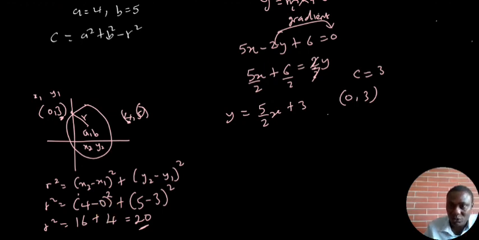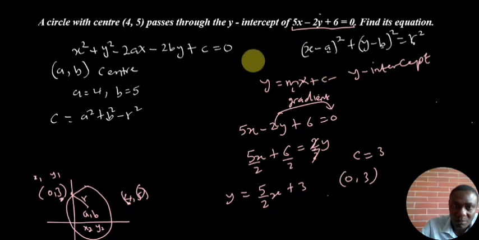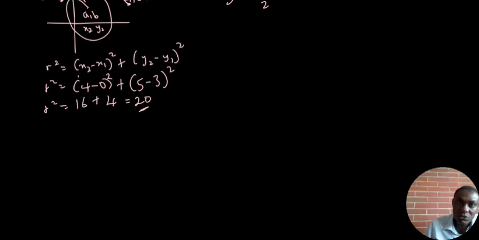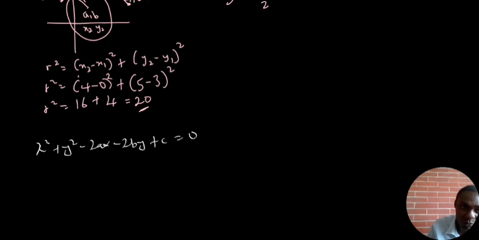So we can now go back to the equations and apply the equation. So I'll first of all apply it to this equation here. So my equation is x squared plus y squared minus 2ax minus 2by plus c is equal to 0. So we put the values of a, b, and c. So we're going to look for the value of c first.